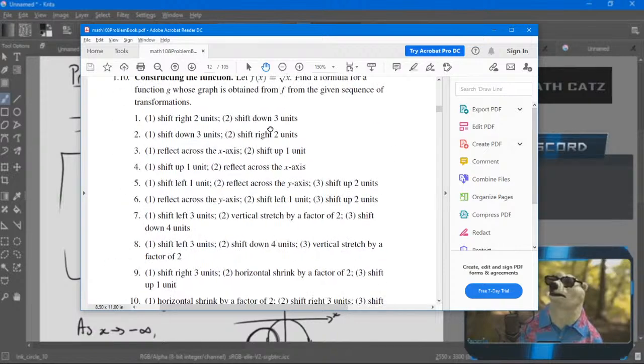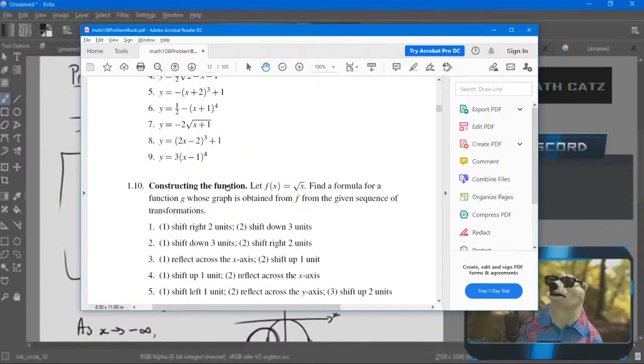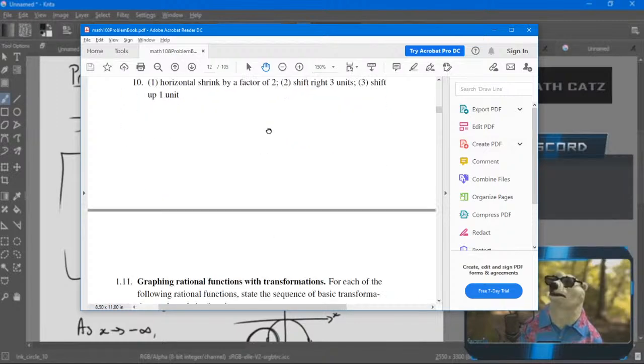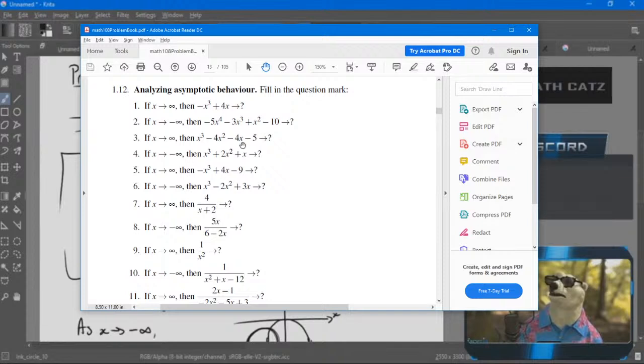1.9, 1.10. You do 1.9, number 8 should not have that 2 there. And the first part of 1.12. Obviously, you're not expected to do rational functions yet because we haven't discussed it yet. But the first part of 1.12 has polynomials that you can look at.